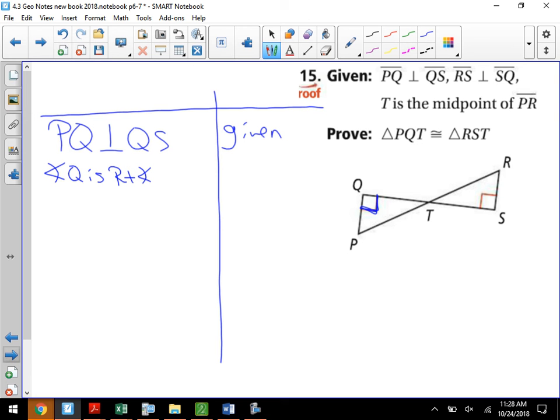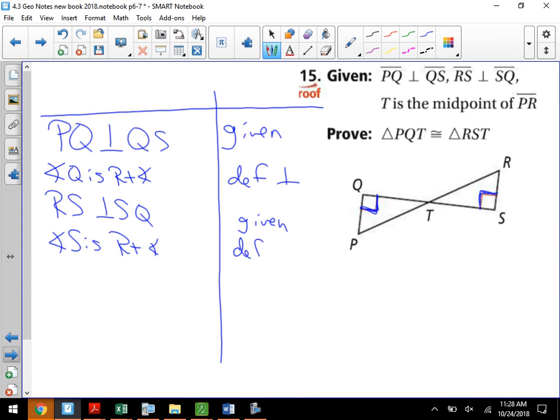So I go to the next one. RS and SQ are perpendicular. Oh, I forgot to write definition of perpendicular. Sorry. Here's your right angle again. Do you have two right angles now? Yeah.